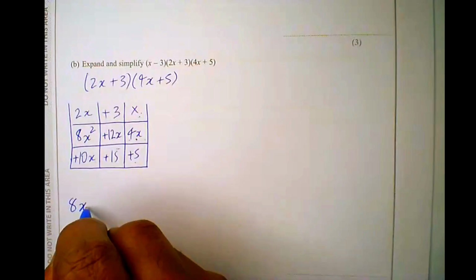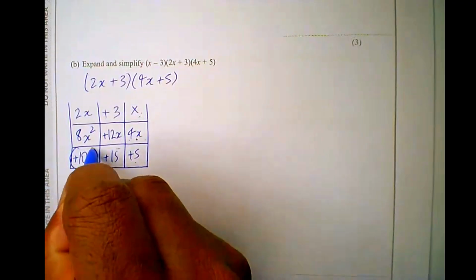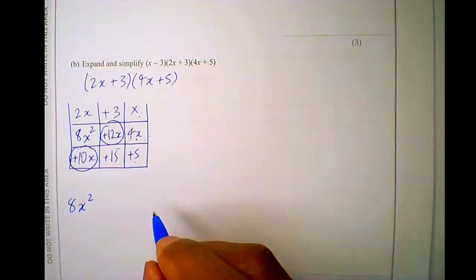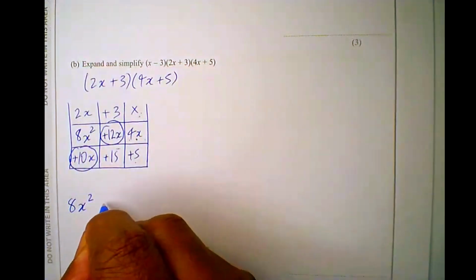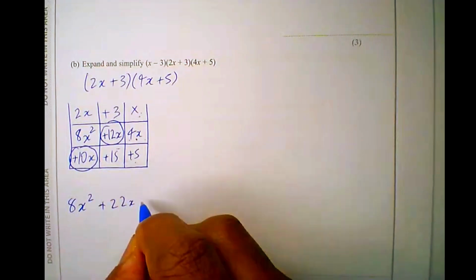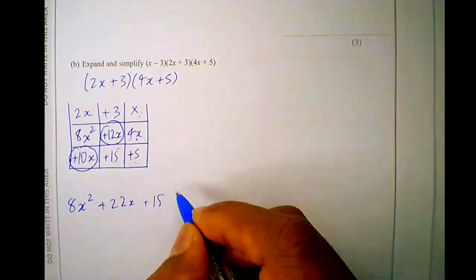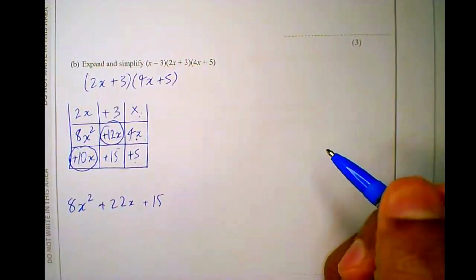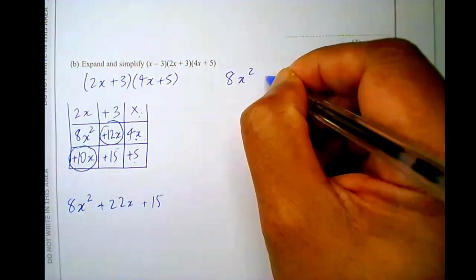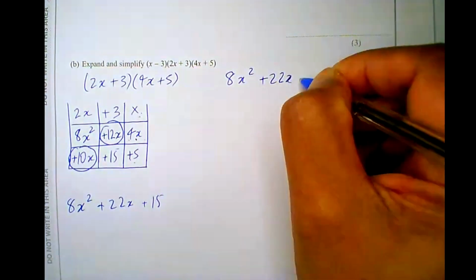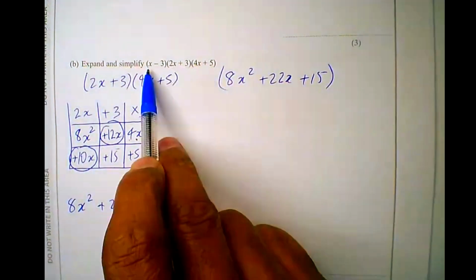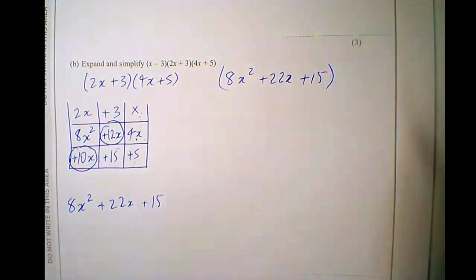So this is 8x squared, 10x plus 12x gives me 22x. And then I've got 15 here. And so now this becomes 8x squared plus 22x plus 15 multiplied by the term that I haven't multiplied with, which is x take away 3.